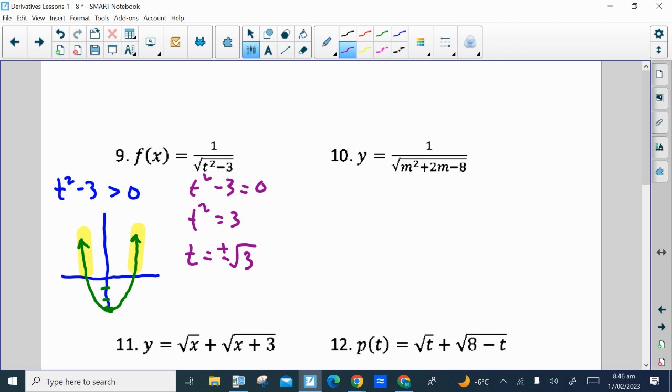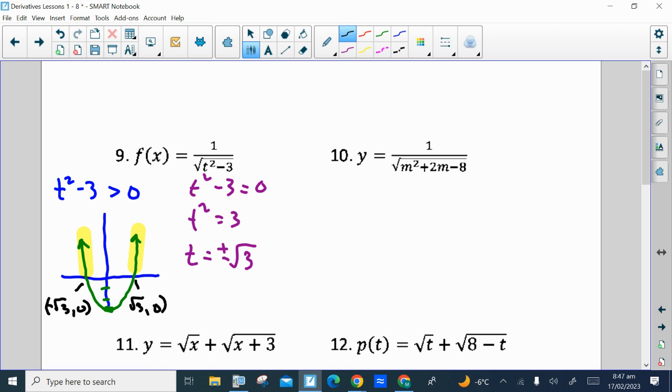And they're exactly at root 3. Now you can find out what that is as a decimal, approximately 1.7 something, but you don't need to. In fact, you want to use exact values. So this x-intercept here is at negative root 3, comma 0. This x-intercept is at positive root 3, comma 0.